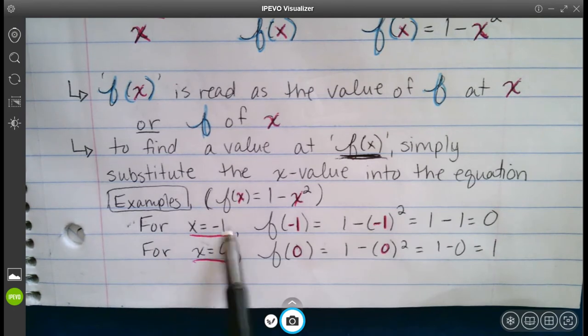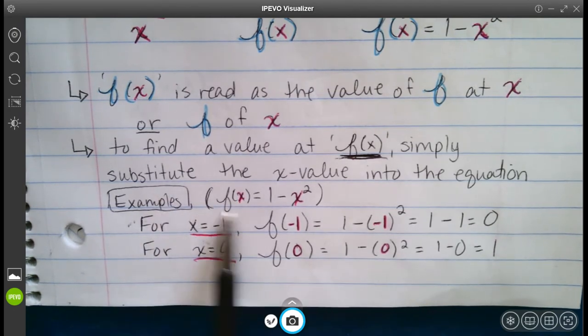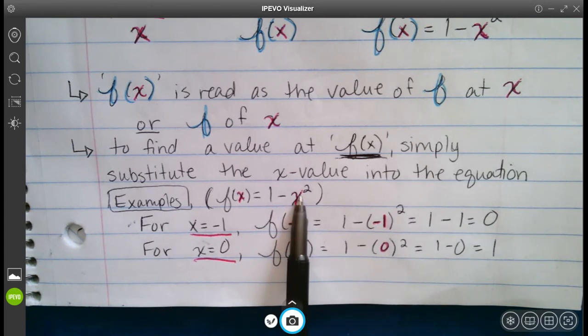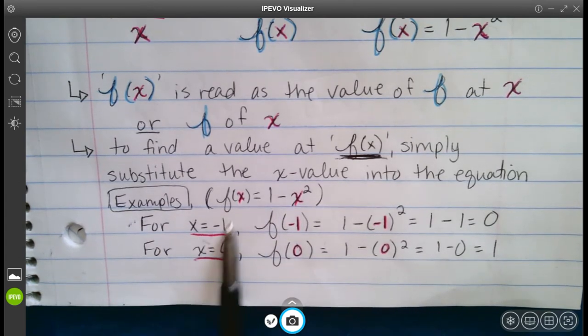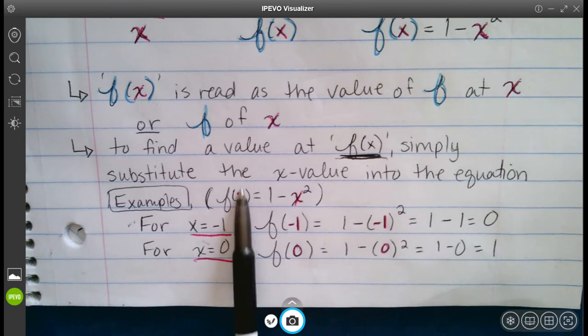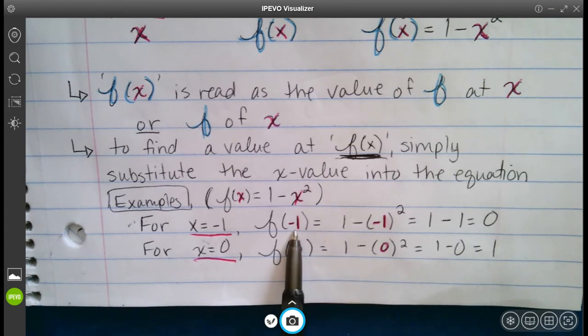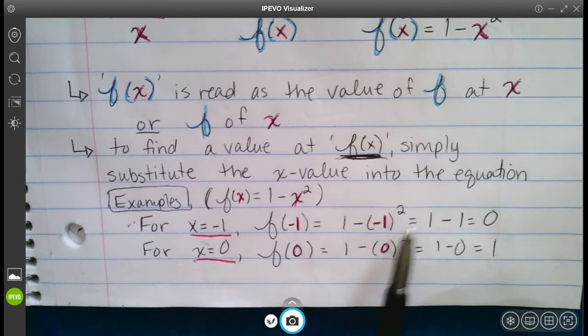Let's say we had the same function, f of x is equal to 1 minus x squared. For x equal to -1, if I want to know what this value is at -1, I take that -1 and plug it into anywhere that I have an x.